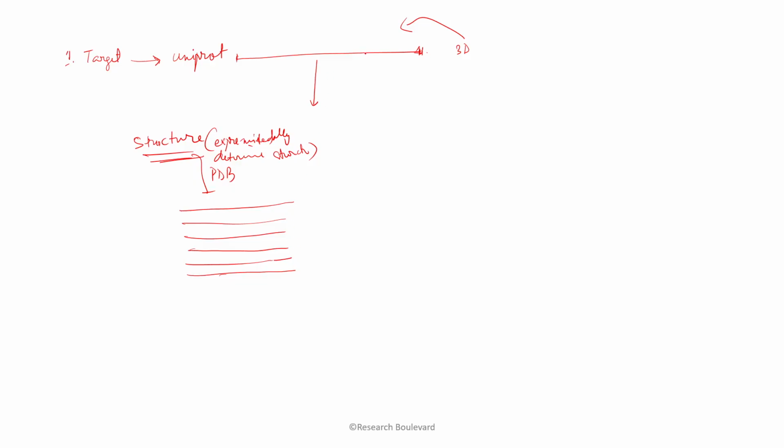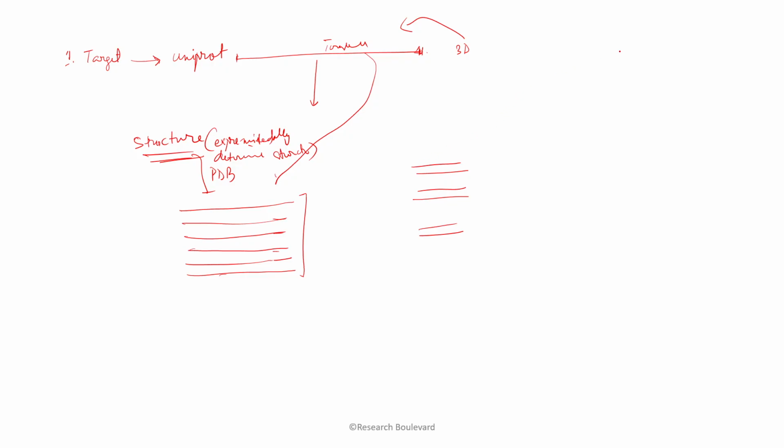So what you are going to do is align your target and see if your target has similarity with the sequences that are present in the database. If you have high sequence similarity or identity, you can pick up those sequences and take them as a template for modeling.